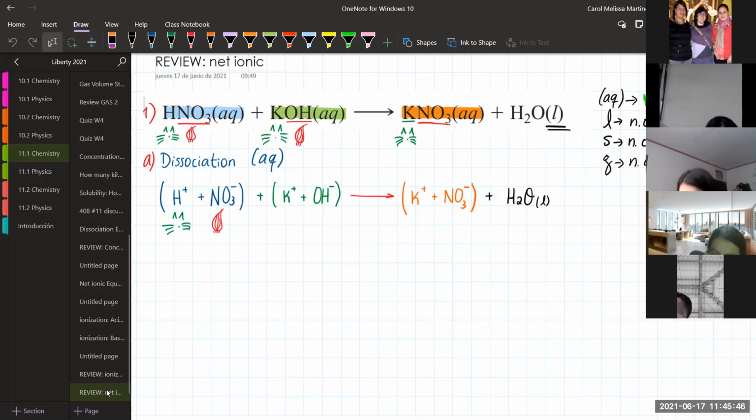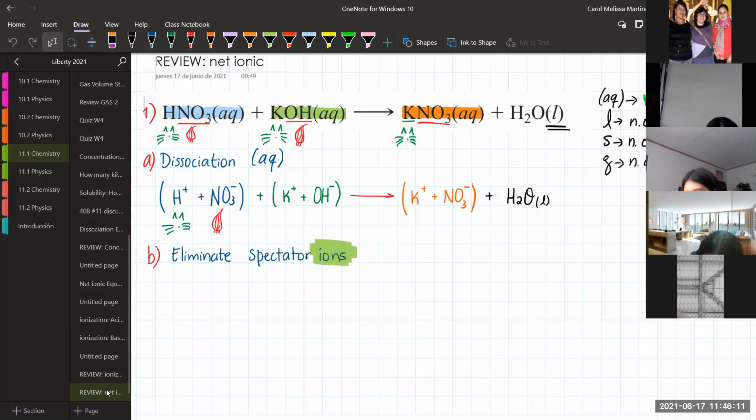In the second part, we need to look for the spectator ions. So in the second part, what you do is you eliminate the spectator ions. Spectator ions are ions, okay?